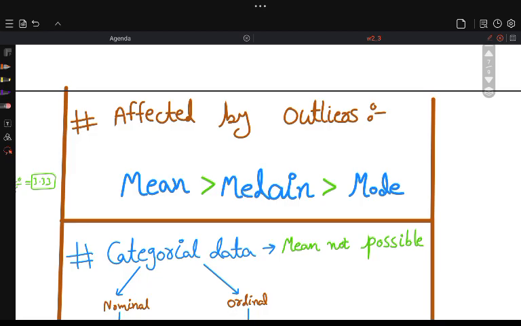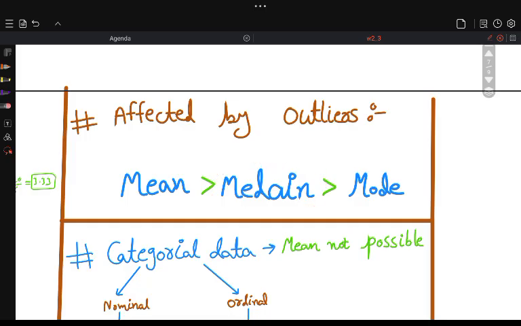Then the graph will be shifted towards 90, and the clustering of marks will be around 40 to 90, not 40 to 60. So they are not outliers if they come more frequently, and they violate the definition of an outlier. So an outlier can never be the mode, the most frequent data. So mode is least affected and mean is most affected and median is somewhat affected.